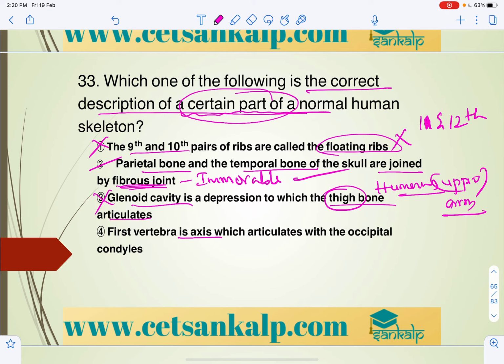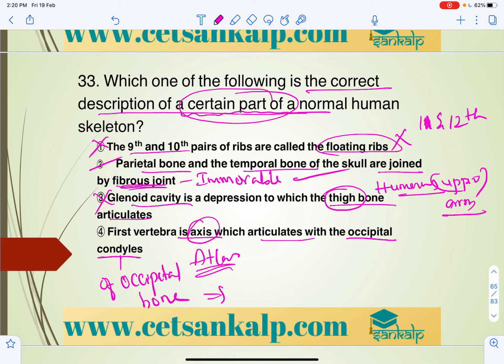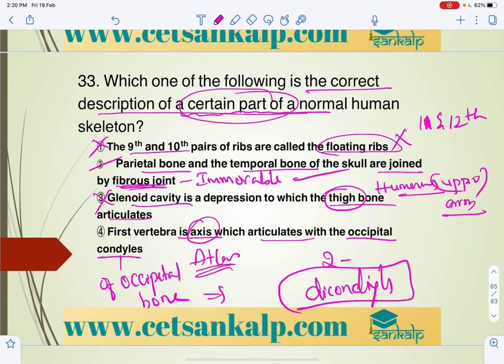The first vertebra is not the axis, the first vertebra is atlas, which articulates with the occipital condyles of the occipital bone of the skull. Hence our skull has two condyles, a dicondylic or bicondylic skull, two occipital condyles, right.